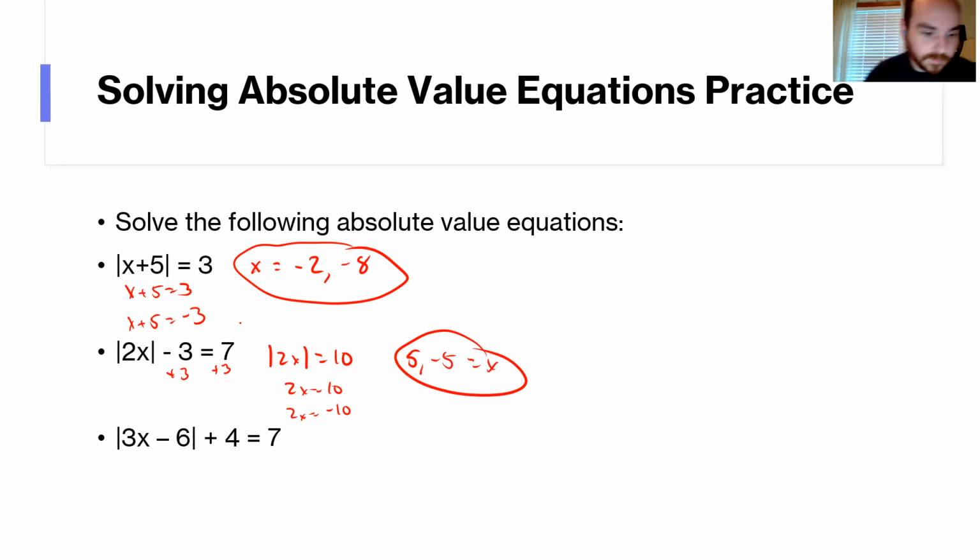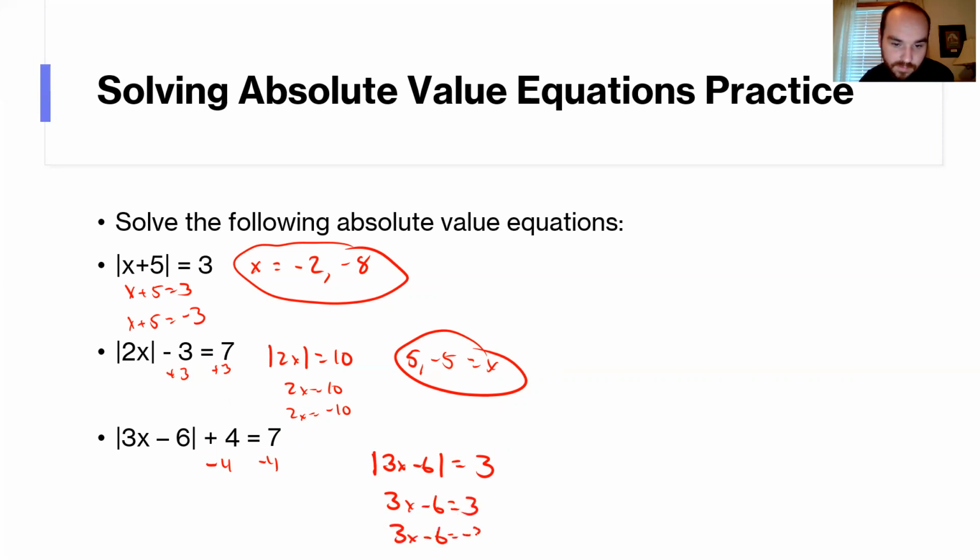And then the last one, a little bit more complicated. We've got the absolute value of 3x minus 6, plus 4 equals 7. We subtract 4, we get the absolute value of 3x minus 6 equals 3. So we've got 3x minus 6 equals 3, and 3x minus 6 equals negative 3.